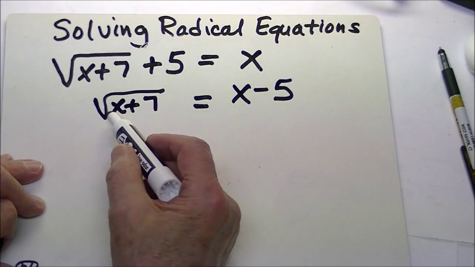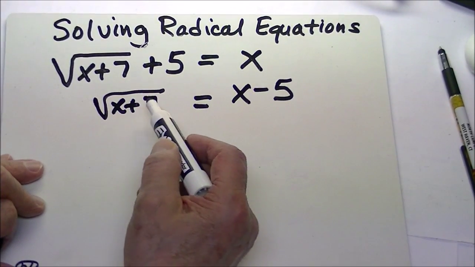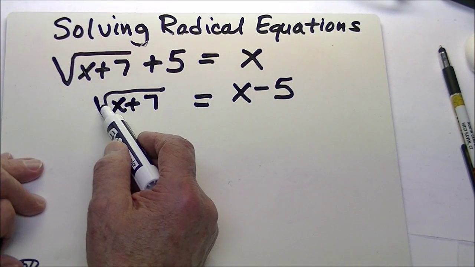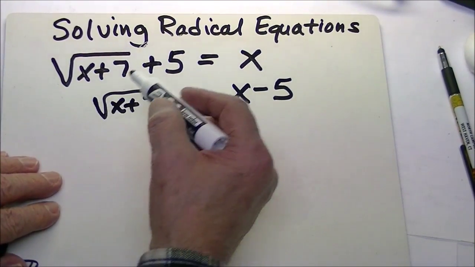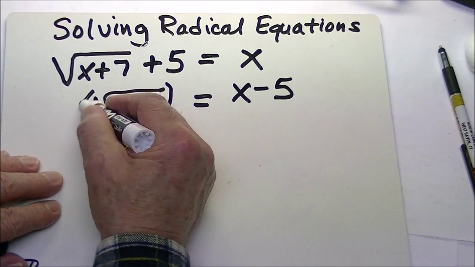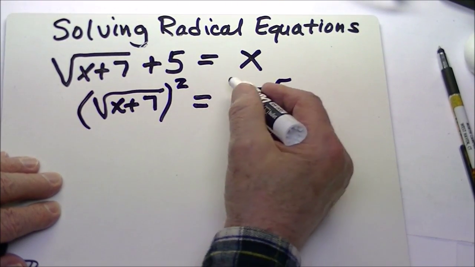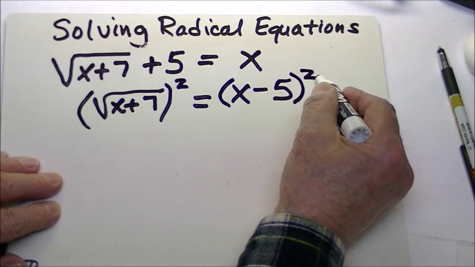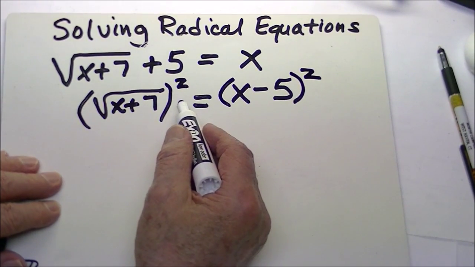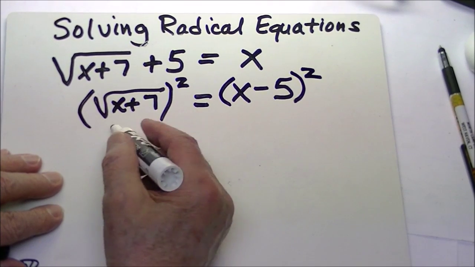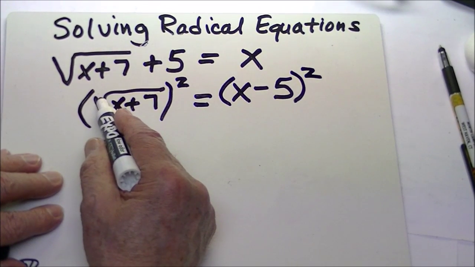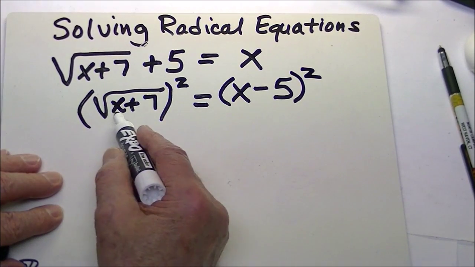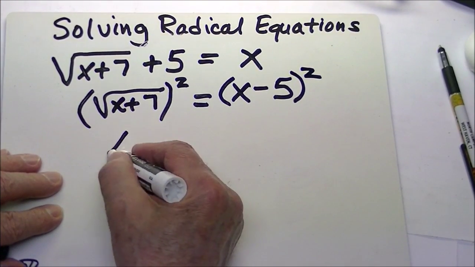And that same technique to get rid of the radical sign. What is the index number that's there? A 2. So we're going to square this side, and we square the other side. Now here, this just becomes the radicand. Again, if this index number is 2, and we're raising it to the second power, it just becomes the radicand.